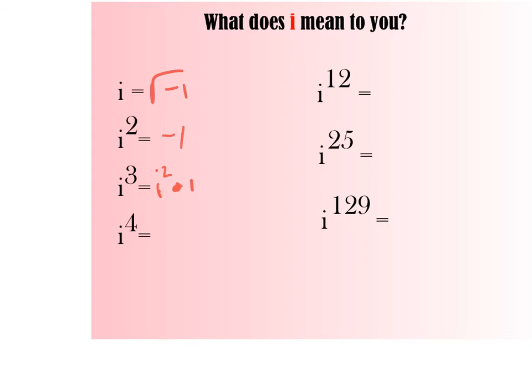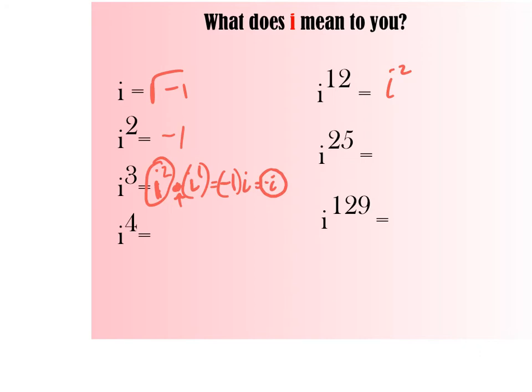Times i to the 1, because that makes a total of i to the third, right? And what is i squared? It's negative 1 times i. What's negative 1 times i? Negative i. That's it.